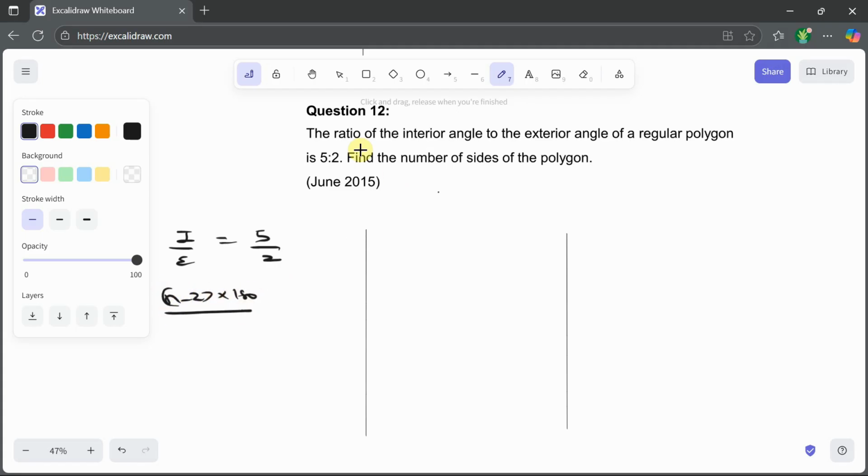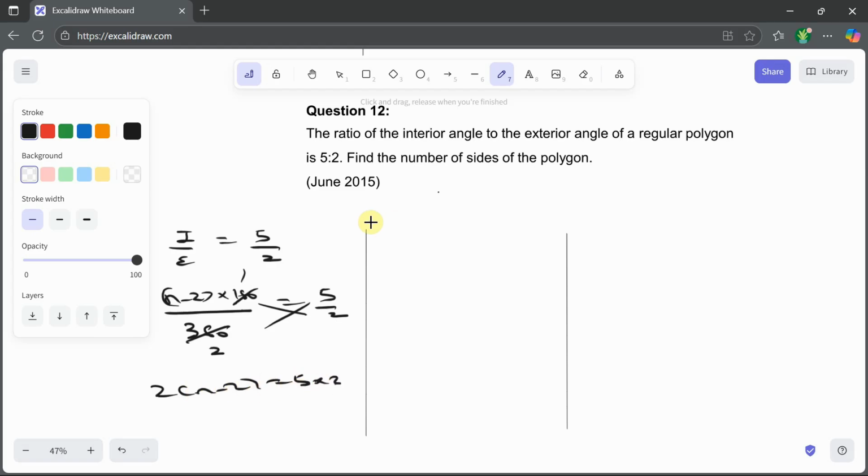And the exterior angle, we know that is 360. It's equal to 5 over 2. They don't say each or whatever. Even if they said each, we'll still resolve down to all of this. So this is here 1, this here 2. So if I cross multiply, that will be 2 open brackets n minus 2 is equal to 5 times 2.